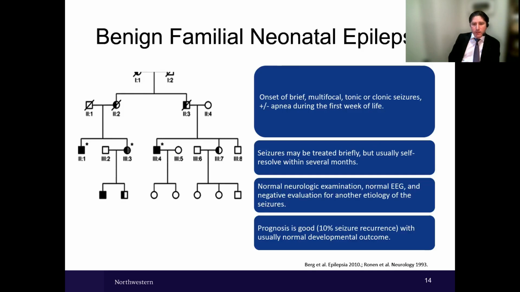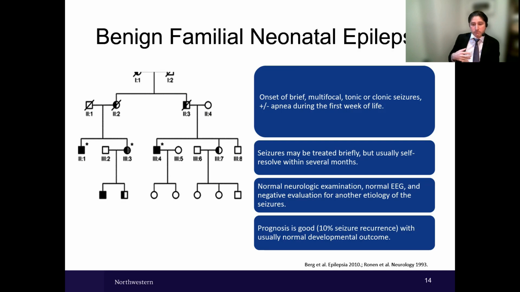So with benign familial neonatal epilepsy, they'll have similar seizures to the more severe end of the spectrum, with brief seizures, tonic seizures, clonic seizures, and apnea and often a scream during the seizure. And they will be treated with phenobarbital, probably. It's the most common treatment for babies since the 70s or before. And it will probably self-resolve or resolve with that medication.